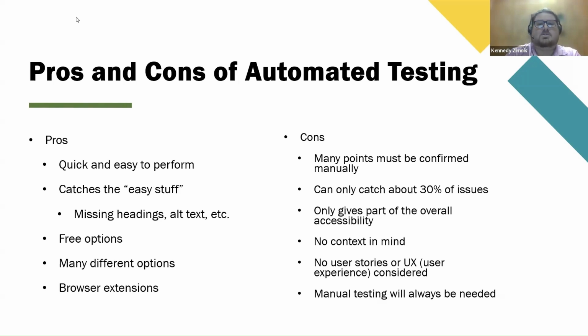There's no context or user experience in mind. It's just a computer doing the testing, so there's no human side and no user experience taken into account, which is of course important. Manual testing will always be needed. That's a big piece of it.